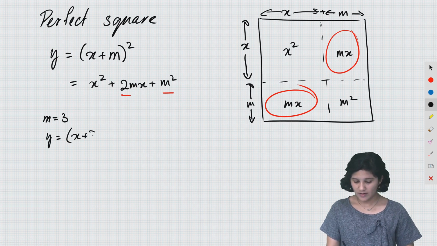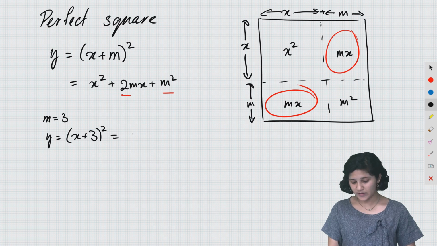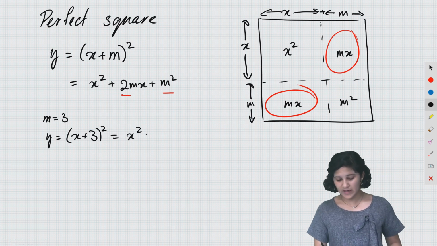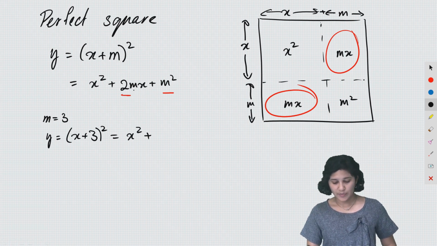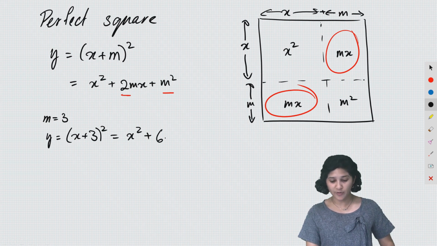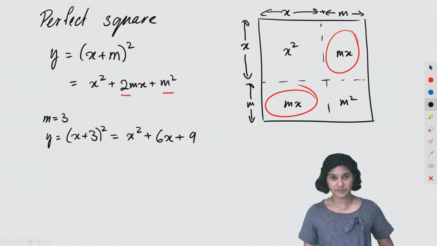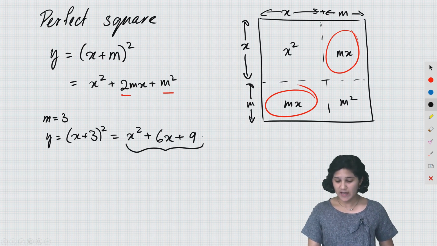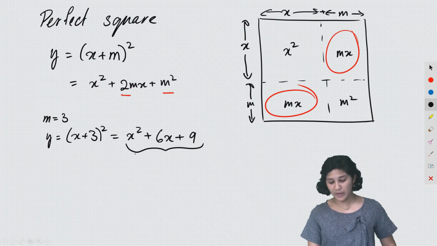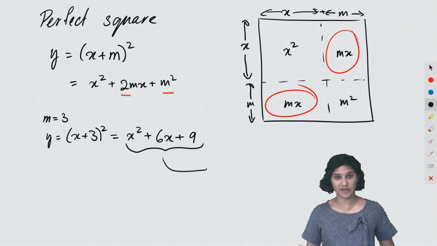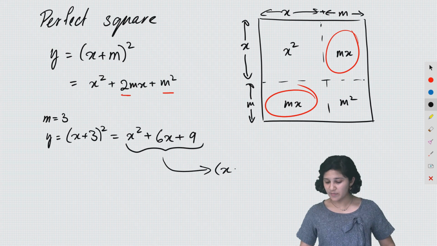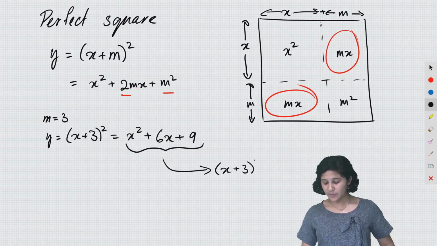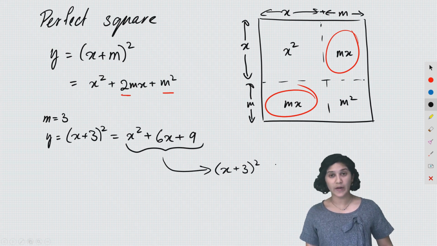So x plus 3 squared is going to equal x squared plus 2 times 3 times x, so 6x, plus 9. So what we need to be able to do for perfect square factorization is to recognize by just seeing this that it's a perfect square and be able to factorize immediately to x plus 3 squared.